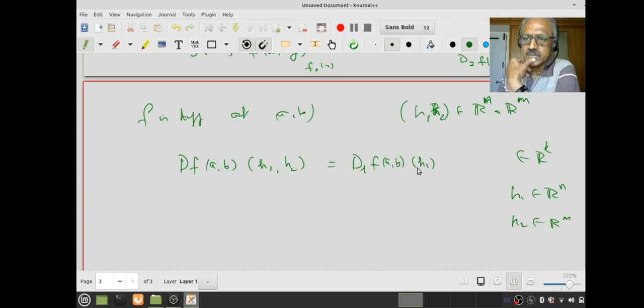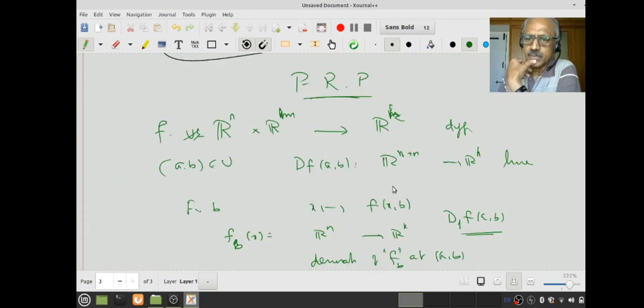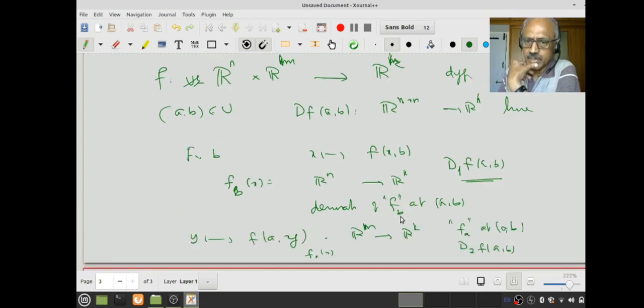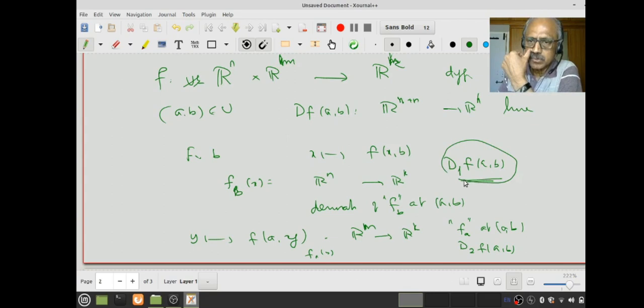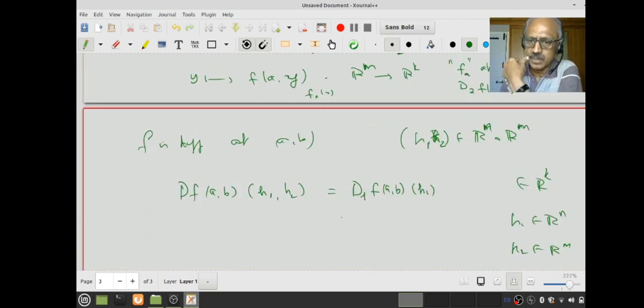Do you understand this? Because f1 is a map from R^n to R^k. Therefore the derivative of that map at the point (a, b) is a linear map from R^n to R^k, so I will get a vector in R^k. And similarly, the other one will be d2 of f at (a, b) acting on h2.